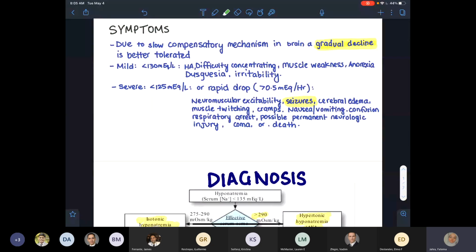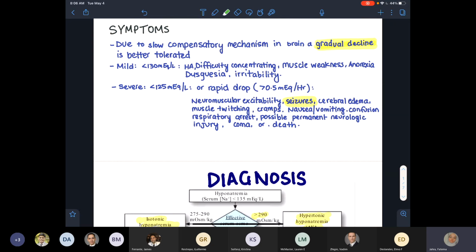I'll get to the symptoms of hyponatremia. Majority of the time when we have hyponatremic patients who come from the outpatient setting, they have a more prolonged period over which they drop their sodium. That prolonged drop is better tolerated, so they usually don't have many symptoms.